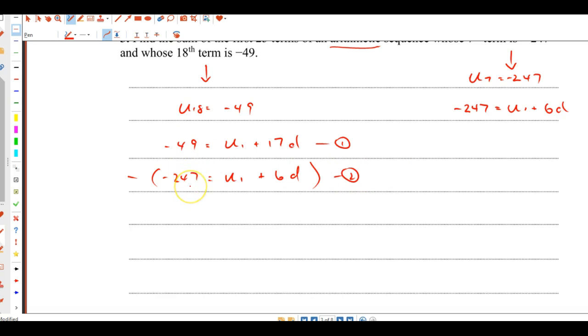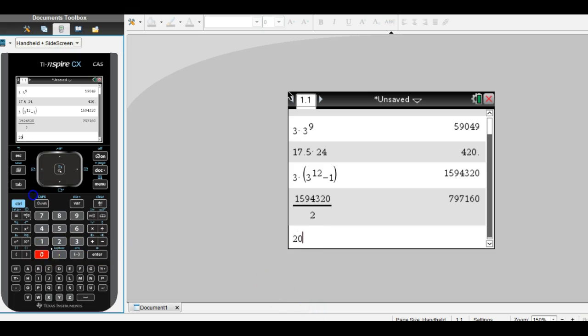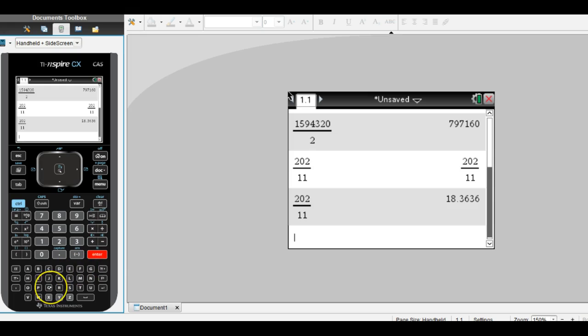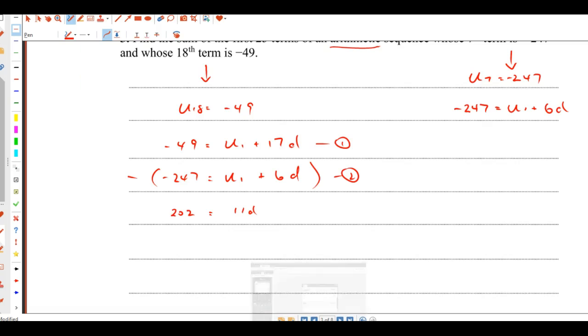Minus 49 minus 247. So that is minus 49 plus 247, which is 202, I believe. U1s will subtract, and 17 minus 6 is 11d. So 202 divided by 11, 18.36, did I get that?